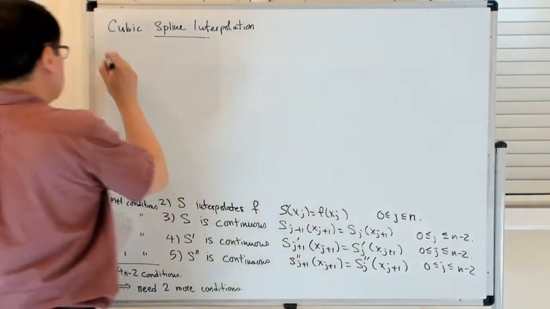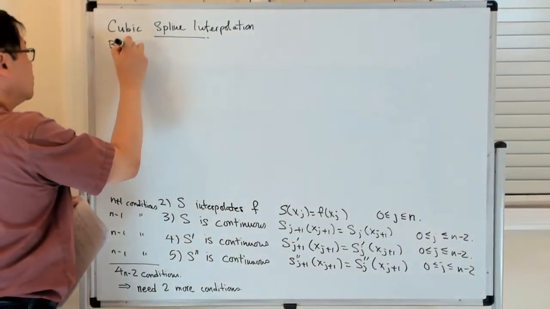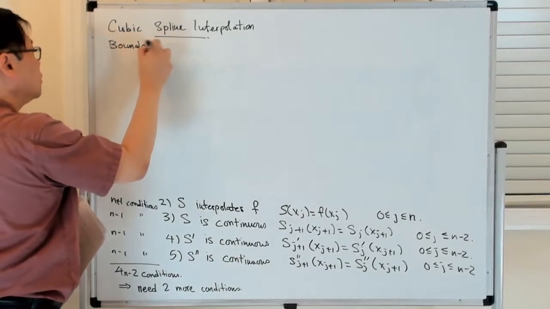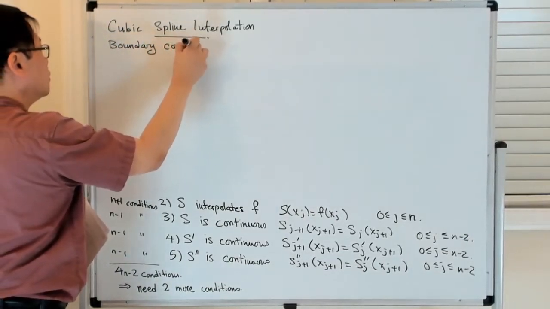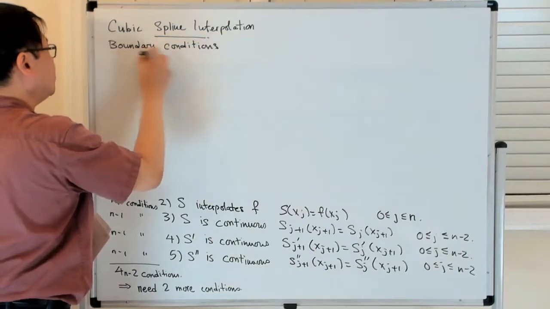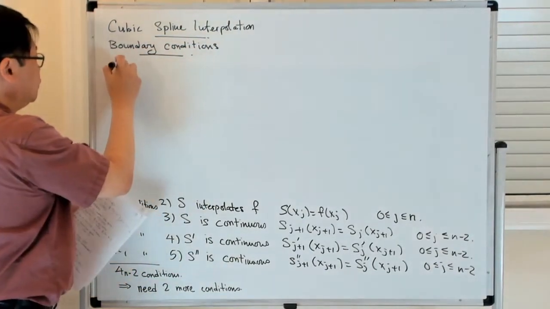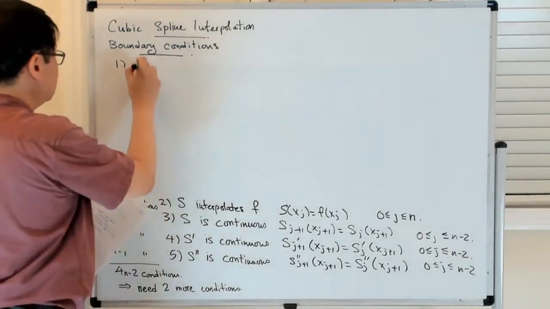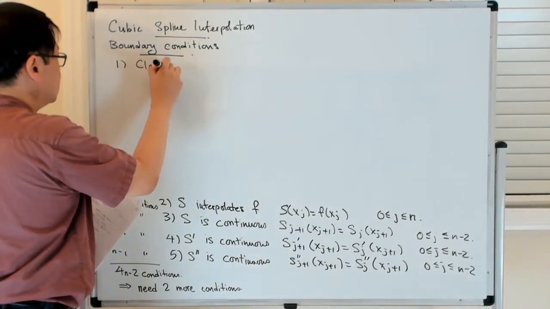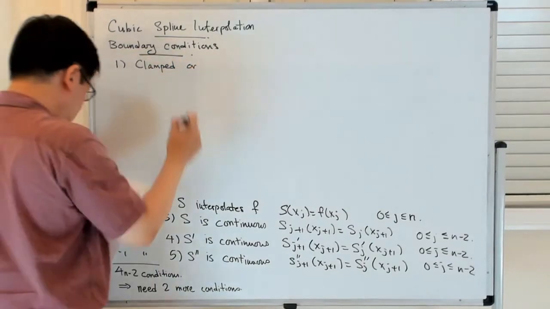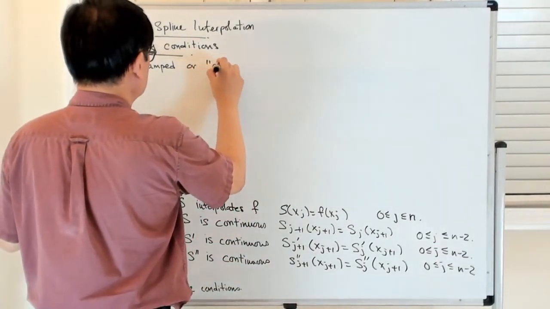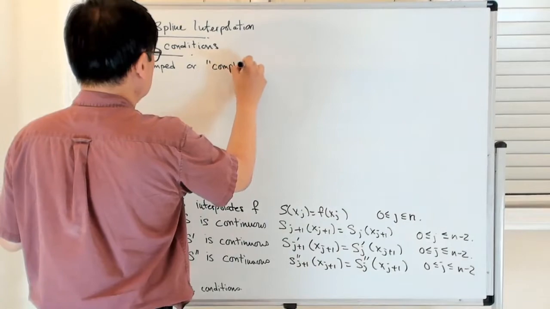These are some possible ways of closing those conditions. The first of which is what is called the clamped or complete cubic spline.